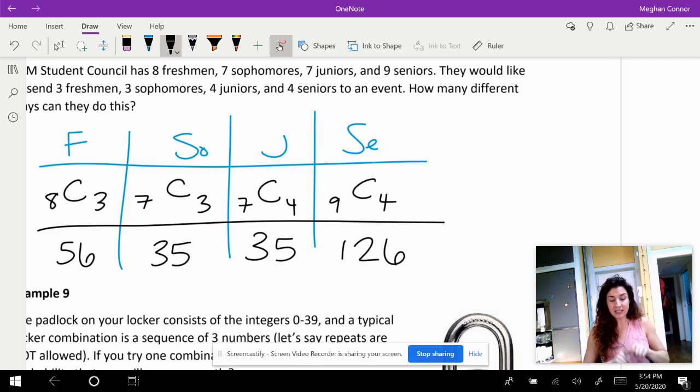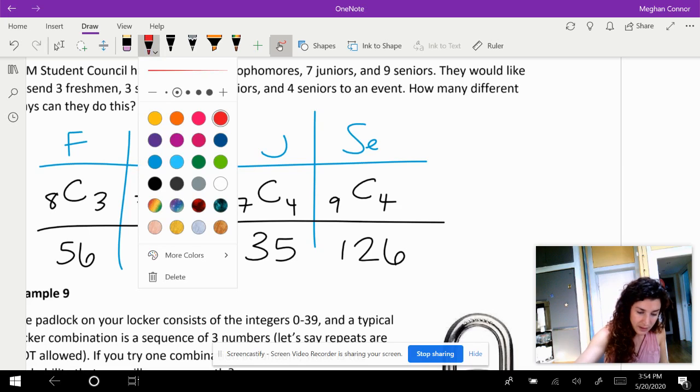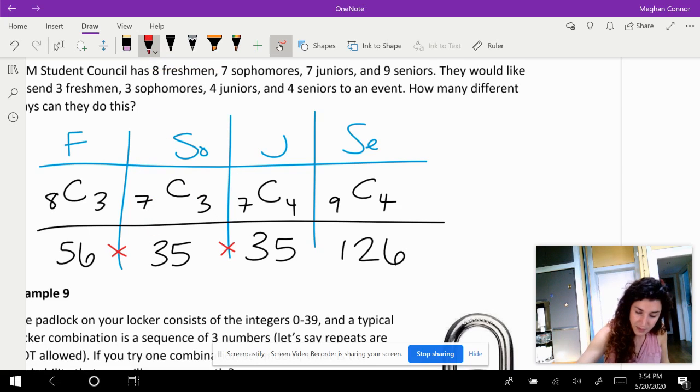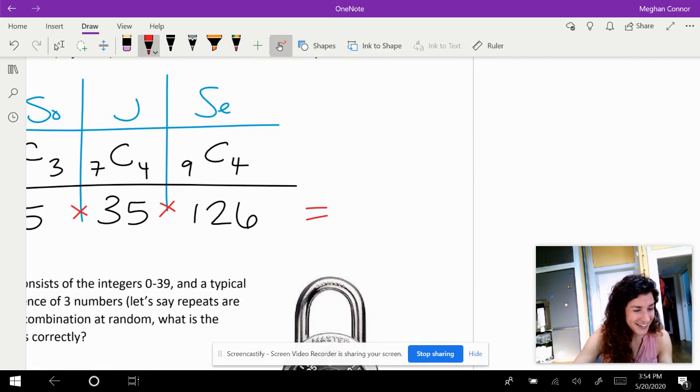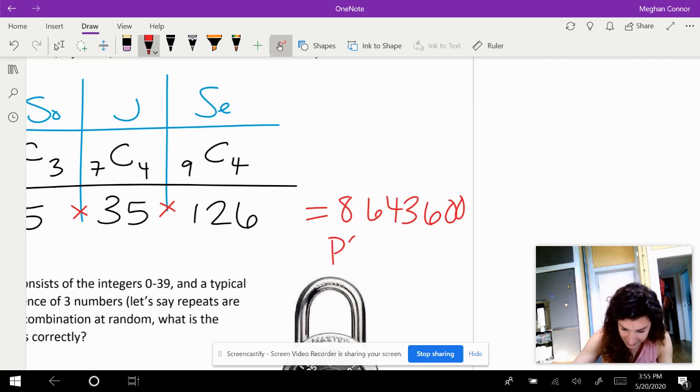We've got 56 options for one slot, 35, 35, 126, and we just need to pick one of those options for each. So we multiply those all together, and that equals a pretty big number: 643,600 possibilities.